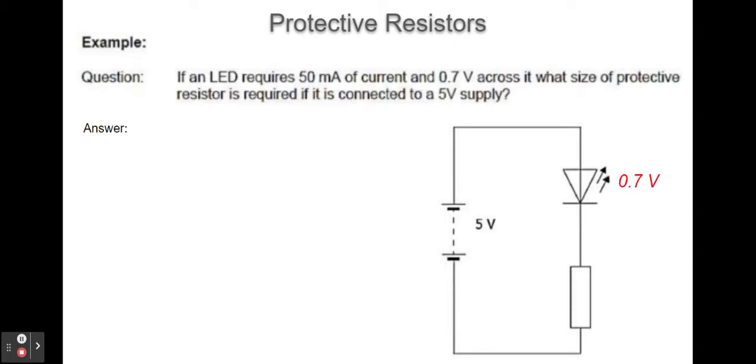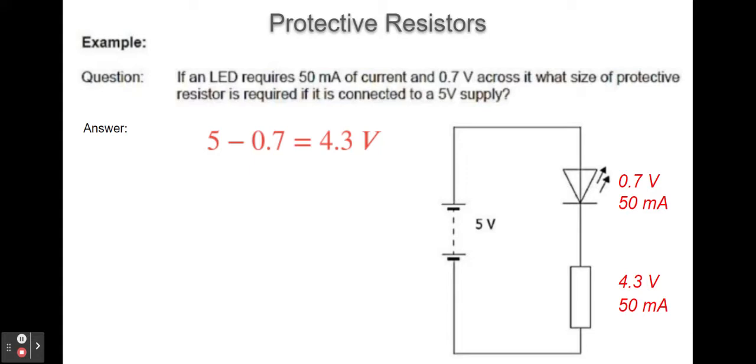So, if the voltage across the LED is 0.7, then the voltage across the resistor is going to have to be 5 minus 0.7, which is 4.3 volts. The current, because it's a series circuit, will be the same at all points. So the current passing through the LED is 50 milliamps, and the current passing through the resistor will be 50 milliamps.